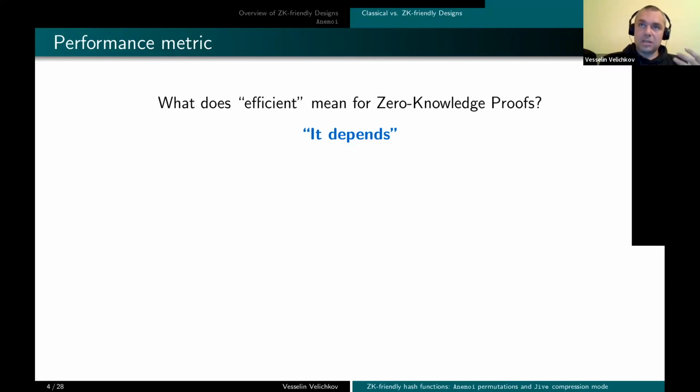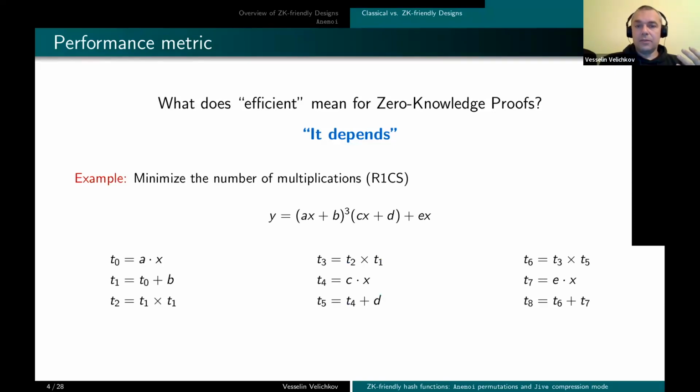But more generically, we want the arithmetic circuit that implements our computation to have the smallest number of constraints. So the metric is the smallest number of constraints. And what does it mean? What do we mean by constraints?